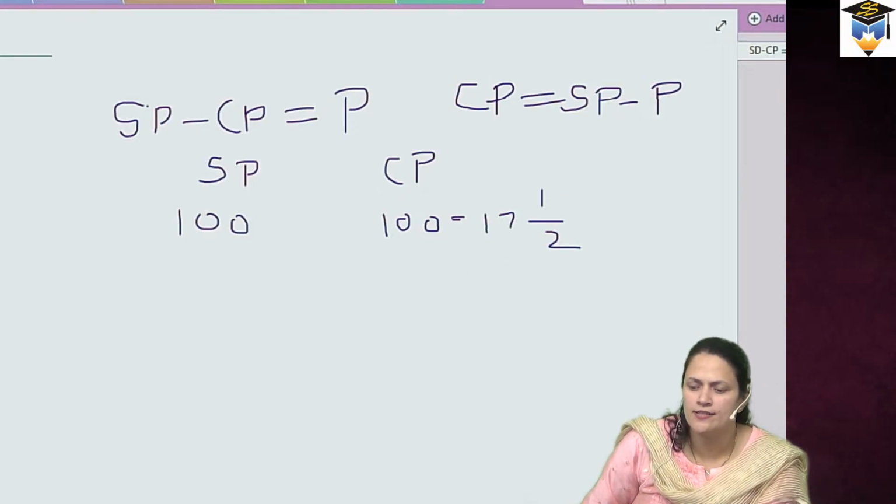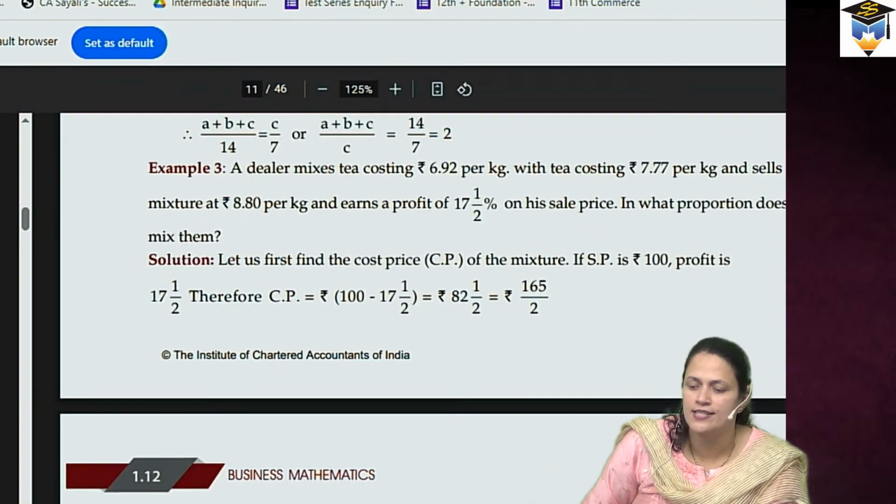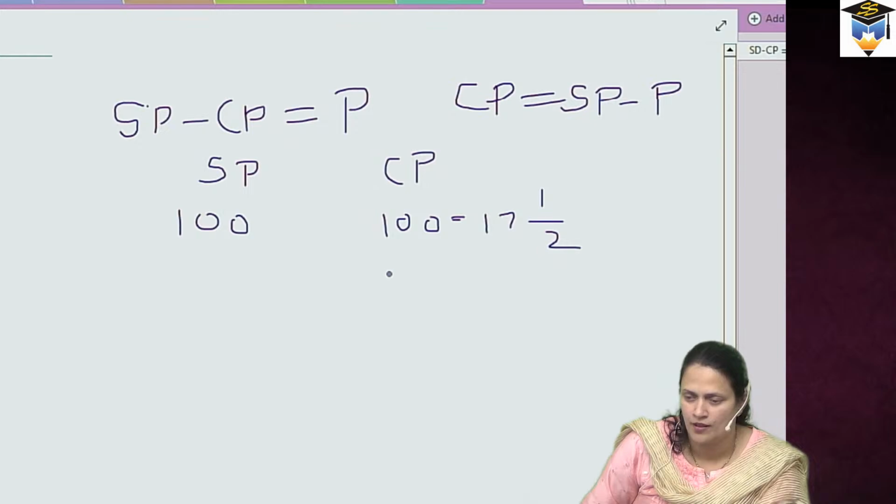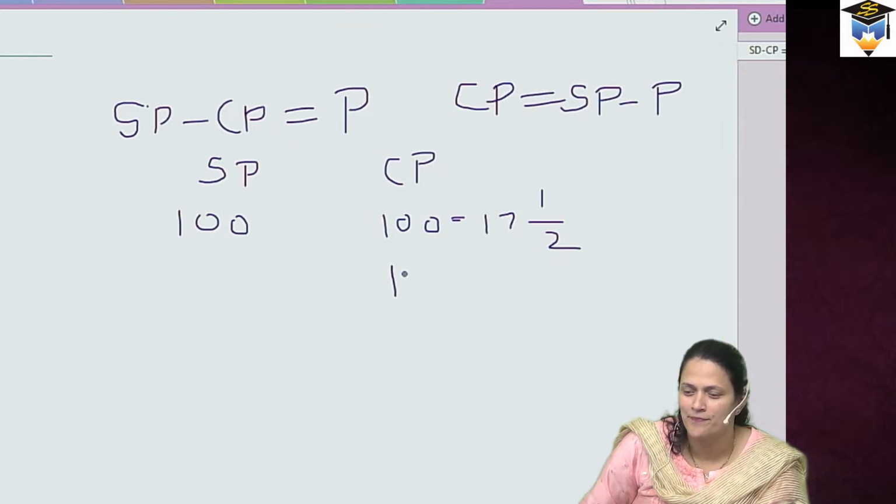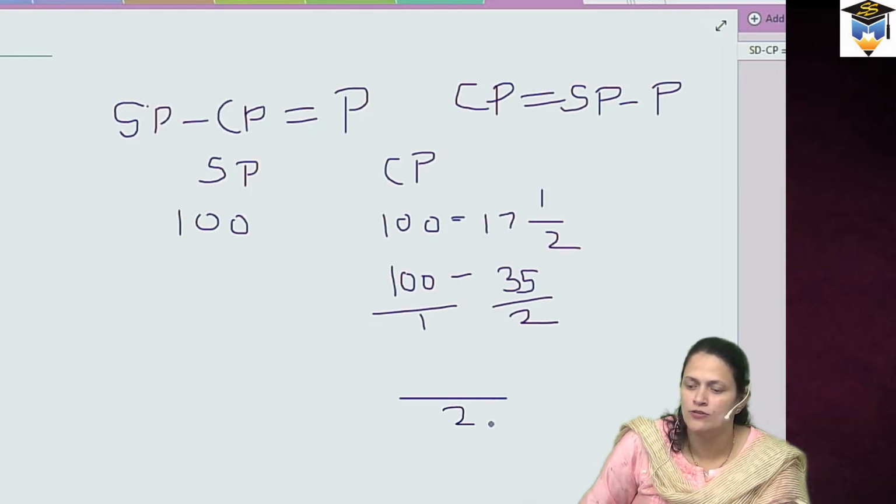So calculate this. 100 minus 17 integer 1 by 2 comes out to be 165 by 2. Do you know how this is calculated? So the LCM is 2, so it is 200 minus 35, which gives us the answer as 165 upon 2.